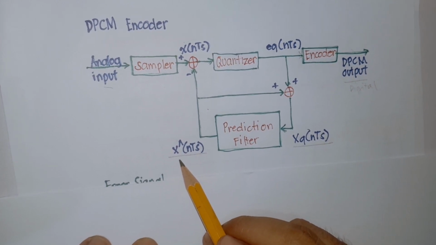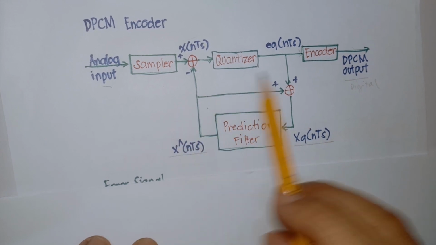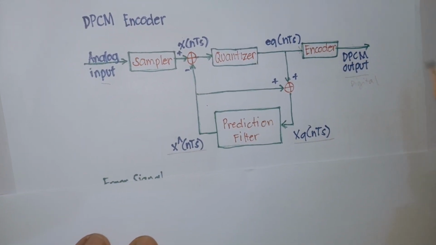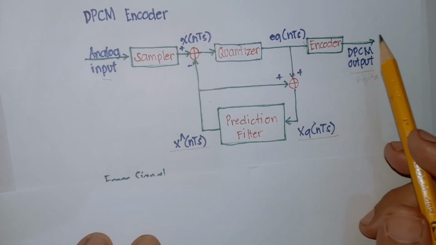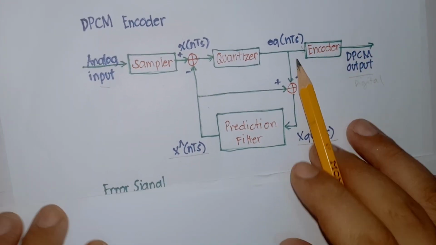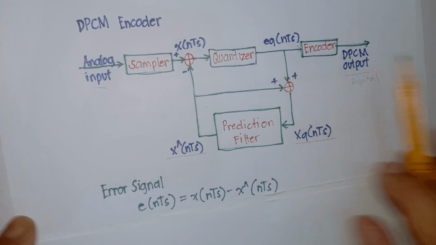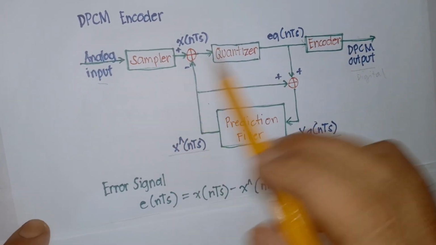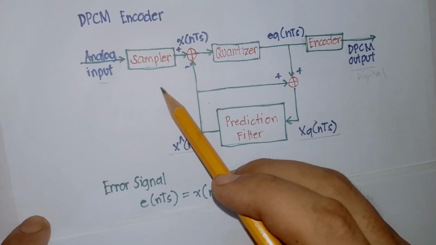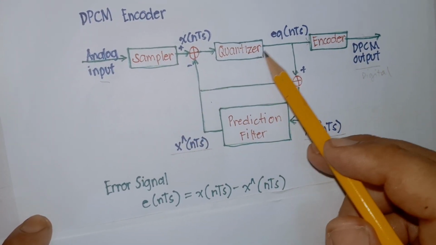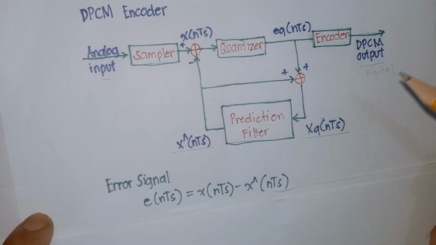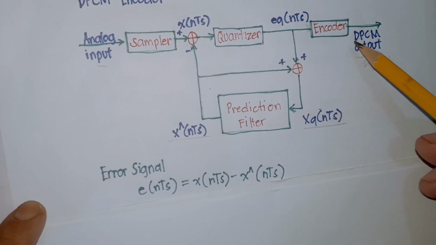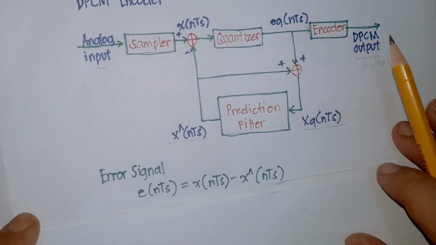So, ganyan lang nagpa-process ang analog to digital output ng DPCM. So, to find the error signal, kasi nga, yung analog, dinifferentiate natin siya, lumiit yung bits, yung binary digits niya, natanggal yung mga redundant digits, at pinaliit natin siya using the quantizer. So, paano nga ba nakukompute yung error signal?